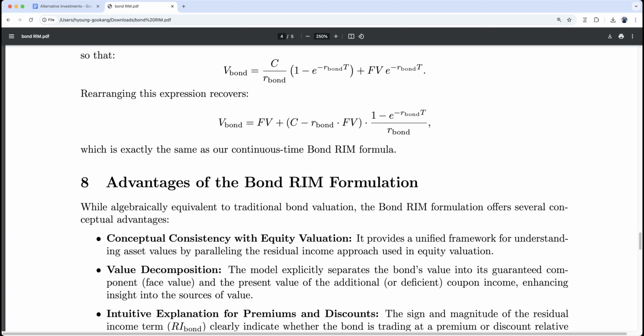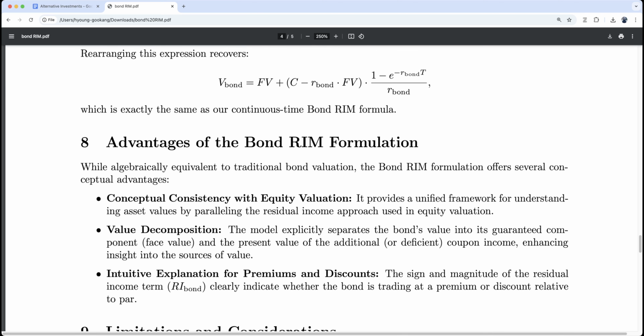While algebraically equivalent to the general bond valuation, the bond RIM formulation offers several conceptual advantages. Conceptual consistency with equity valuation: it provides a unified framework for understanding asset value by paralleling the residual income approach used in equity valuation.